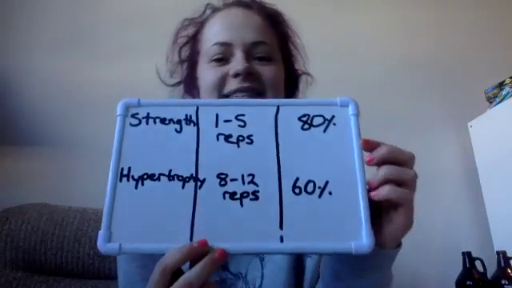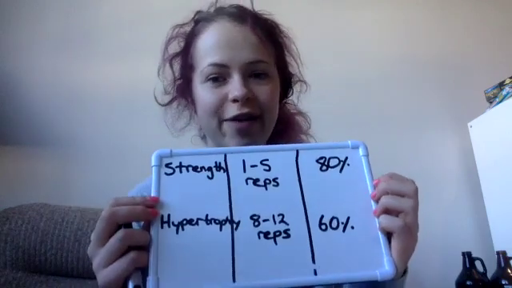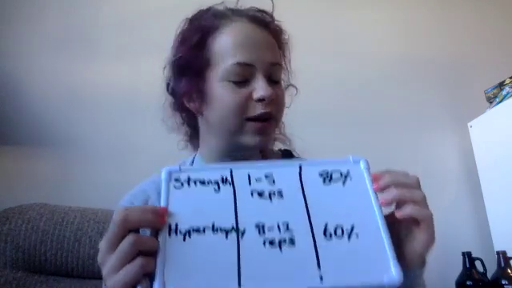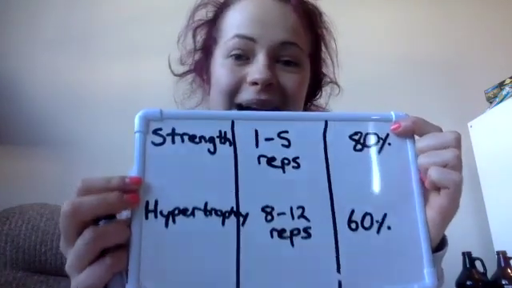First off, I'm going to talk about the difference between training for strength and training for hypertrophy, which is building muscle. There's a lot of overlap, but you approach them slightly differently. For strength, you want to be operating in the 1 to 5 rep range, lifting really heavy, around 80% of your 1 rep max as a rough guide.